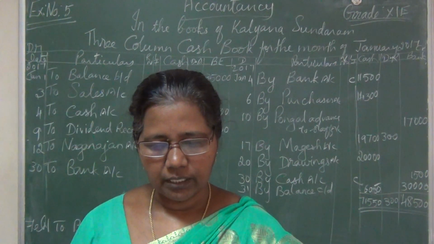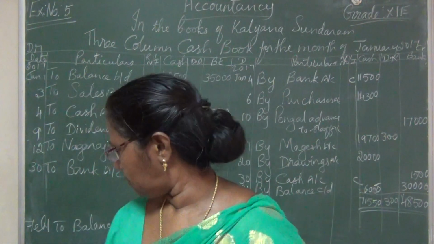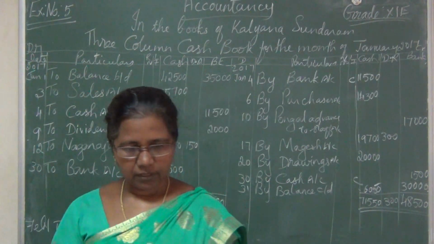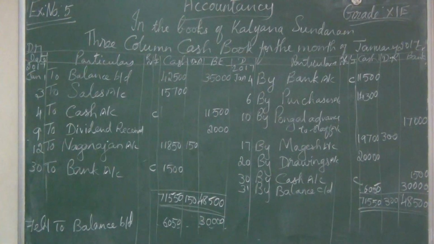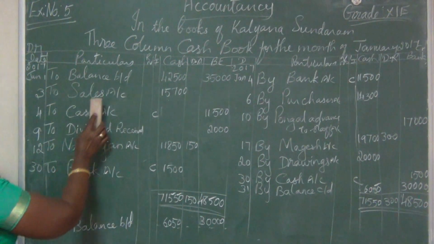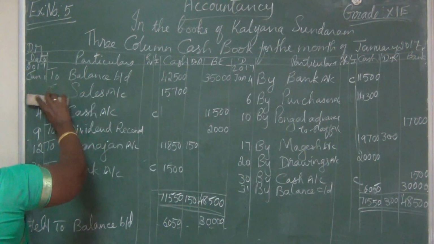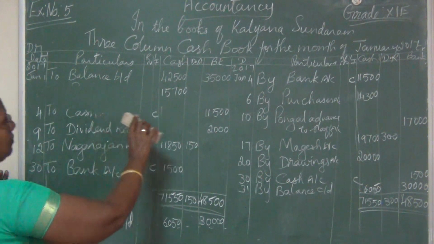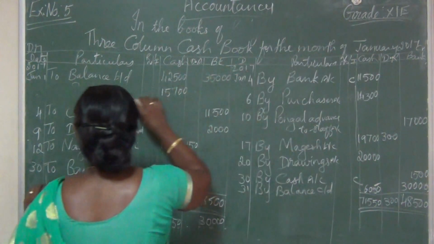We will do the next problem, the sixth one. Okay. Sixth one we will write. The book stock will be changing. Okay.